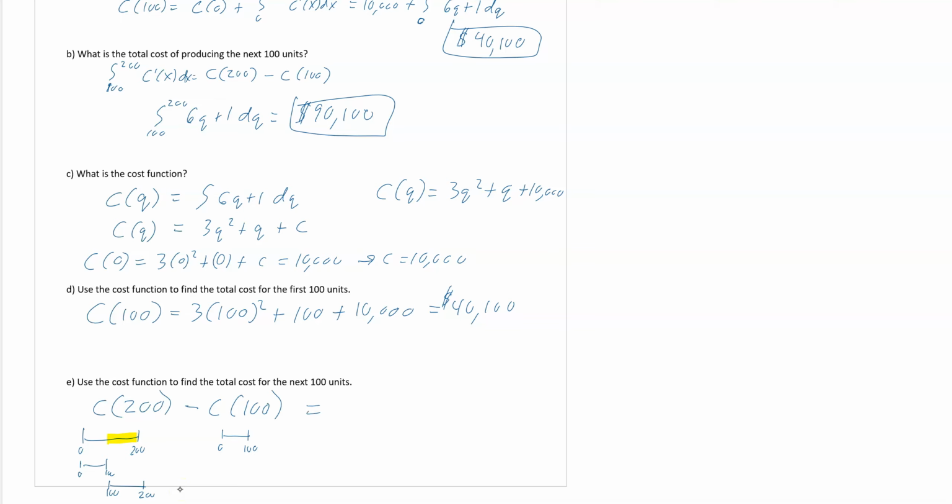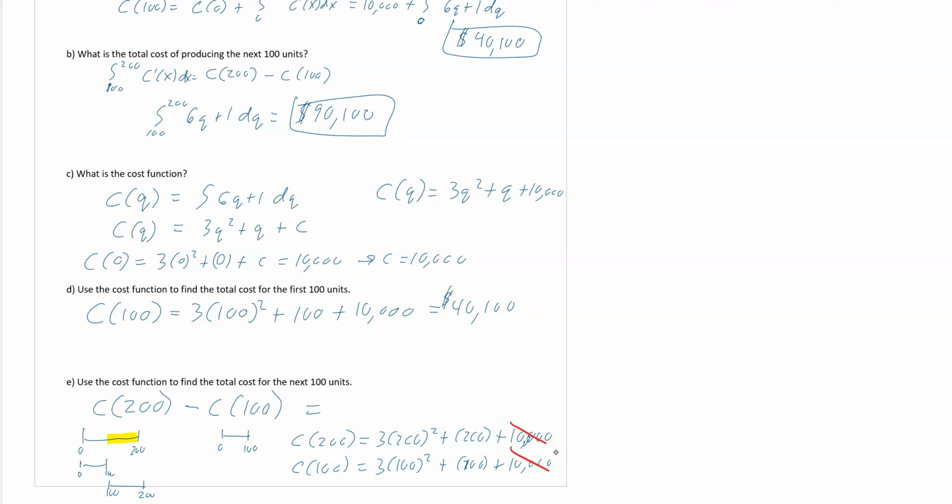So all we have to do now is plug in C of 100 and C of 200. So let's do C of 200, which would be 3 times 200 squared plus 200 plus 10,000. And then we also need C of 100, which we already did, but I just want to write it. So you can see, as we subtract these, what's canceling away?